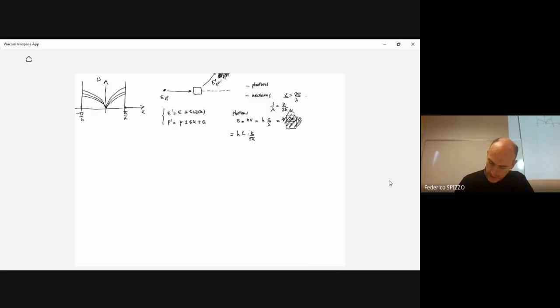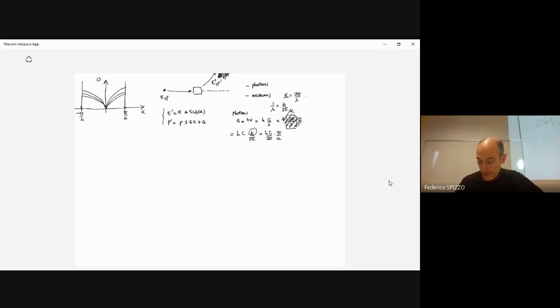So the point is that from k we refer to lambda, and the idea was to include here a value of k that is of the order of the k values that we have for the phonons. In general, the k values for phonons are of the order of pi divided by a. So we have h c divided by 2 pi, and then pi divided by a.